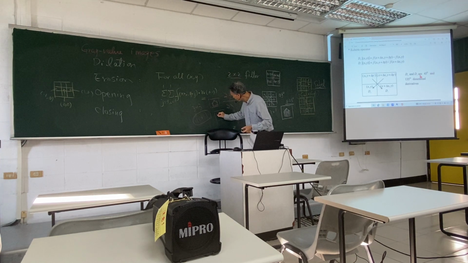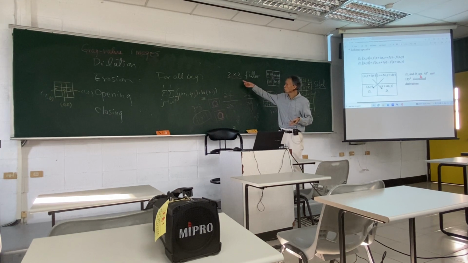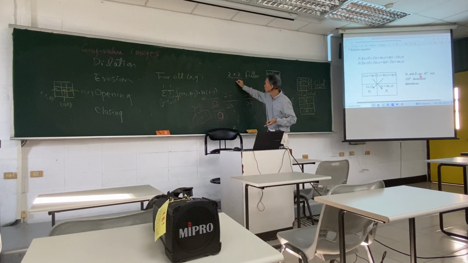For 11 by 11, this will be your edges, because all the neighbors will have different response. So if you use a 2 by 2, then the edges will be very thin.